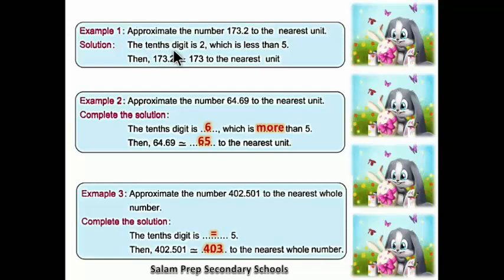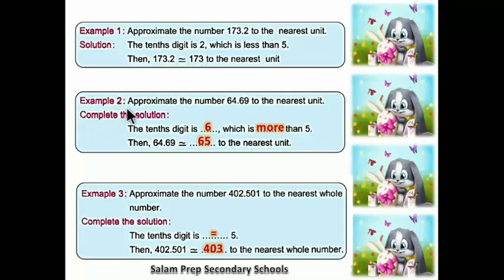The tenths digit is 2, which is less than 5. So digit 3 in units place will remain the same, doesn't change. So 173.2 is approximated to nearest unit 173.